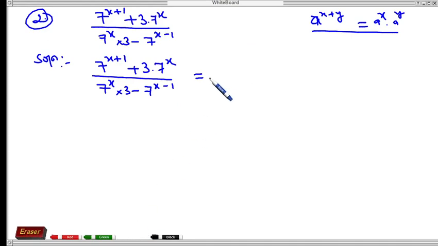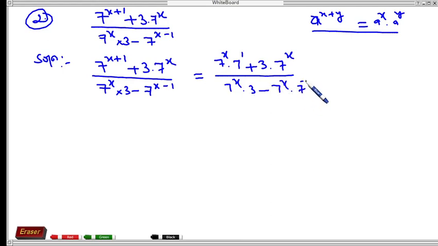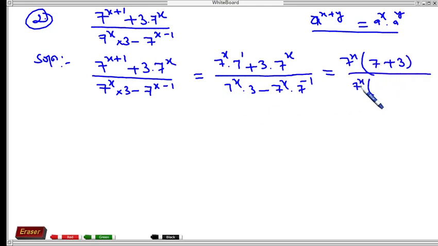So it is 7 to the power x times 7 to the power 1 plus 3 times 7 to the power x, all over 7 to the power x times 3 minus 7 to the power x times 7 to the power minus 1. Taking common in the numerator, 7 to the power x is common, remaining 7 plus 3. In the denominator, 7 to the power x is common, remaining 3 minus 7 to the power minus 1.